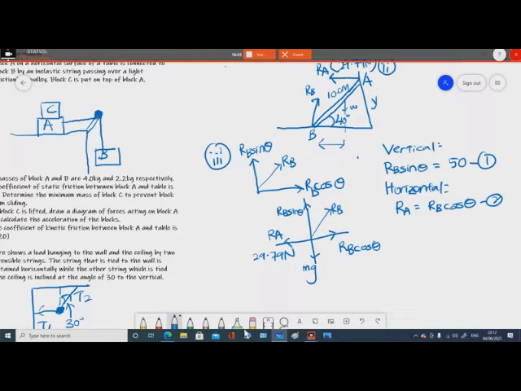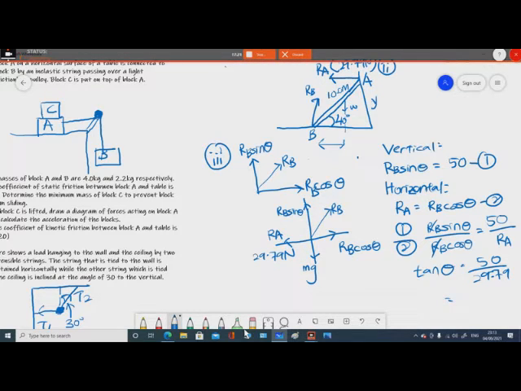So RB sine theta divided by RB cos theta is equal to 50 divided by RA. So this can be cancelled, and this one is tangent theta, and 50 divided by 29.79, which is RA.